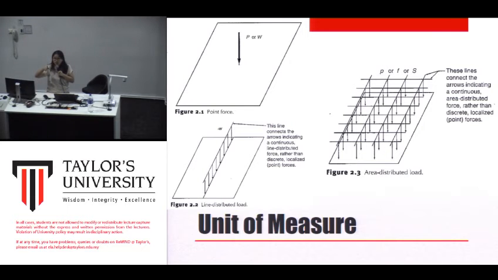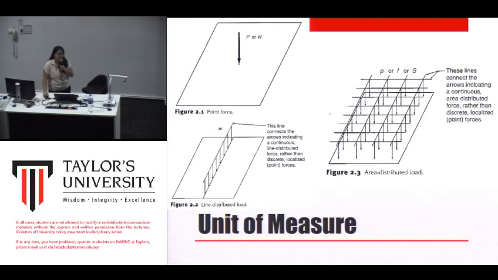Car. Column. Yes. However, it has to be a column on a beam or a column on the floor. If it is column onto column, then the transfer mechanism will be direct. Okay? So a column on a beam or on the floor will result in a point load.